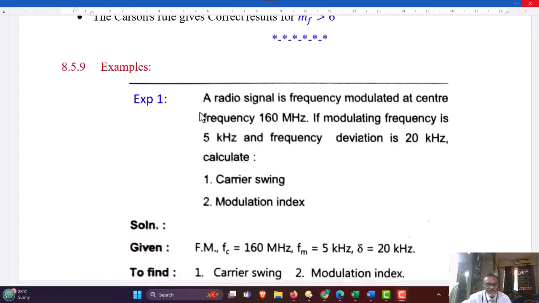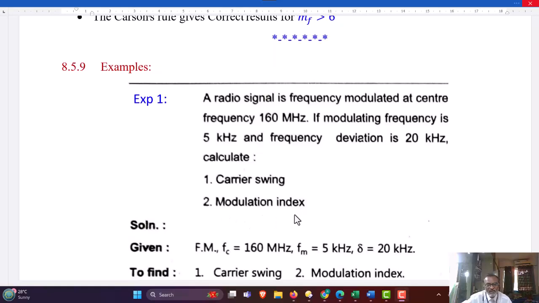Let us see the first example. The radio signal is a frequency modulated signal. The center frequency is given as 160 megahertz. That is the carrier frequency. If the modulating frequency is 5 kilohertz and the frequency deviation is 20 kilohertz, they ask you to calculate the carrier swing and the modulation index.